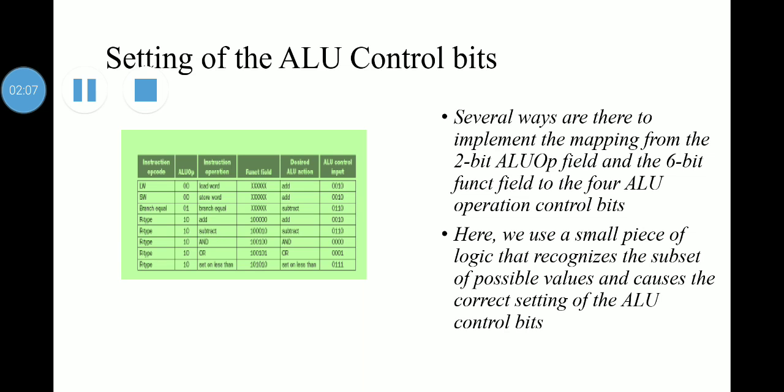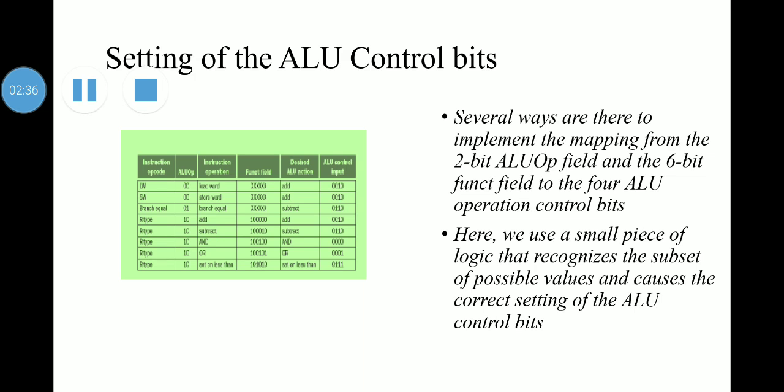This ALUOp indicates whether the operation to be performed should be add, that is for load and store instructions, subtract, 0, 1 for the branch equal instruction, or determined by the operation encoded in the function field. The output of the ALU control unit is a 4-bit signal that directly controls the ALU by generating one of the 4-bit combinations that are shown in the previous slide.